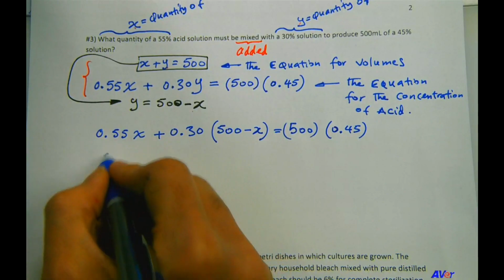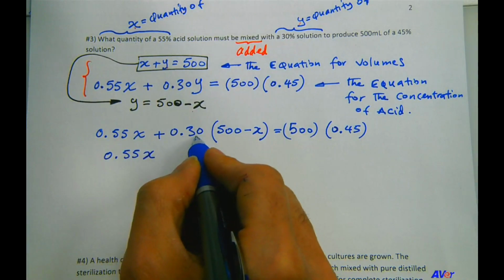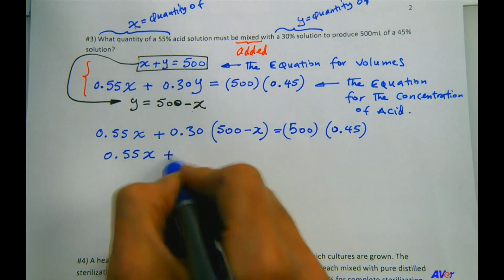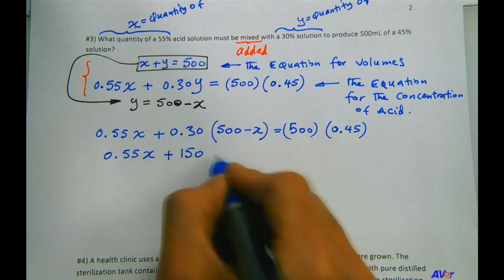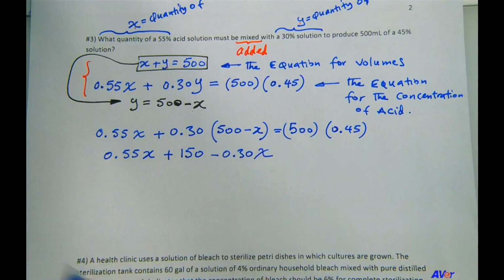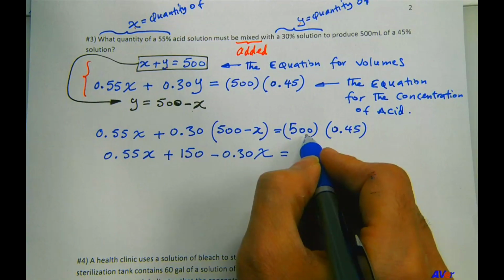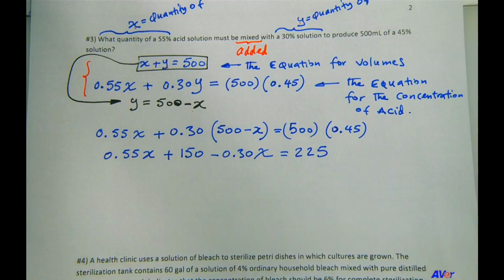So we have 0.55x, 0.3 times 500 will give us 150, minus 0.3 times x, minus 0.30x equals 500 times 0.45, and that would be 225, like that.